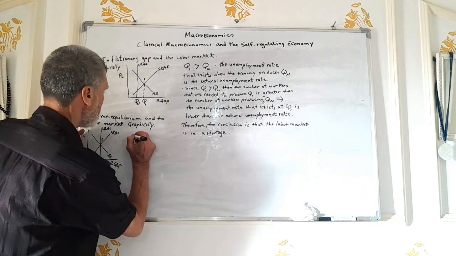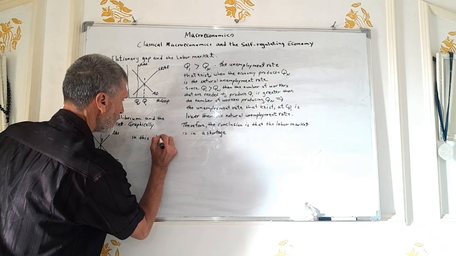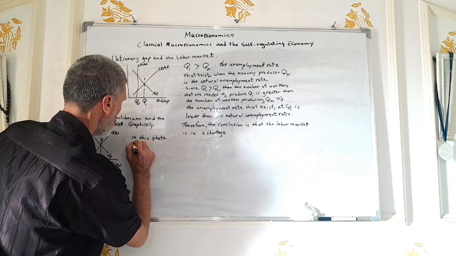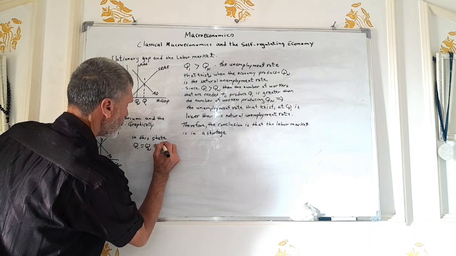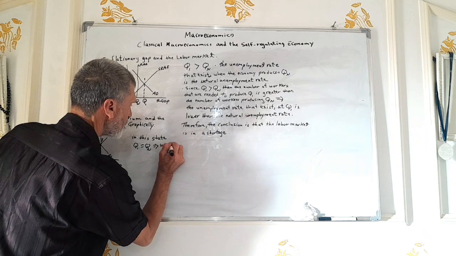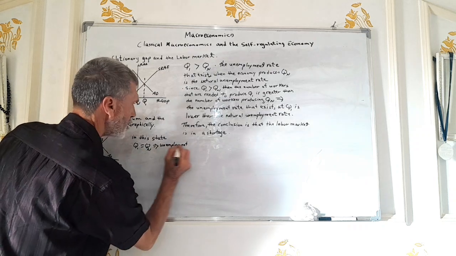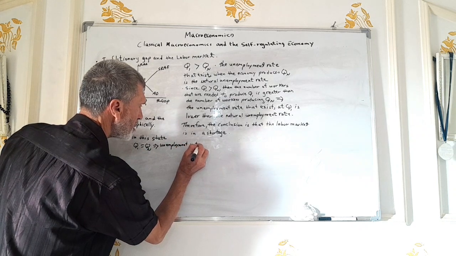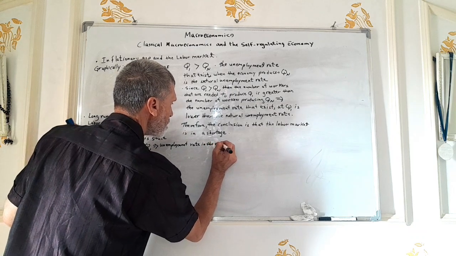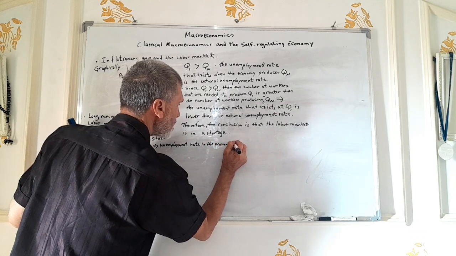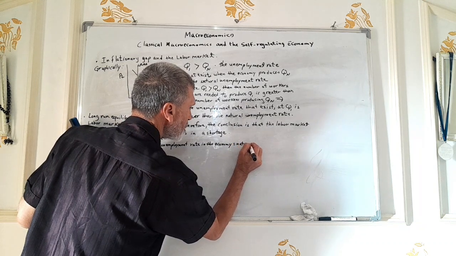So in this state, Q1 is equal to Qn, which implies the unemployment rate in the economy is equal to the natural unemployment rate.